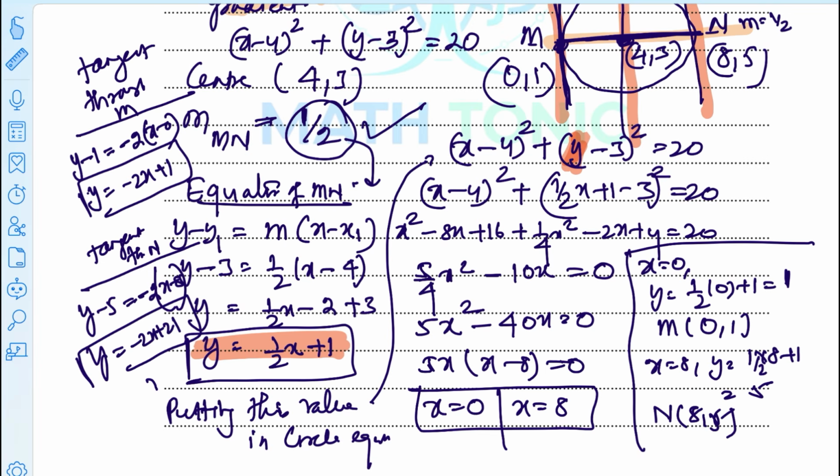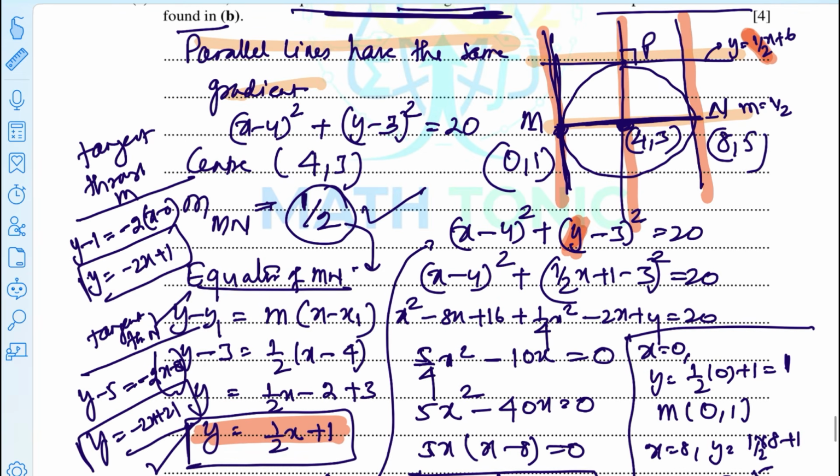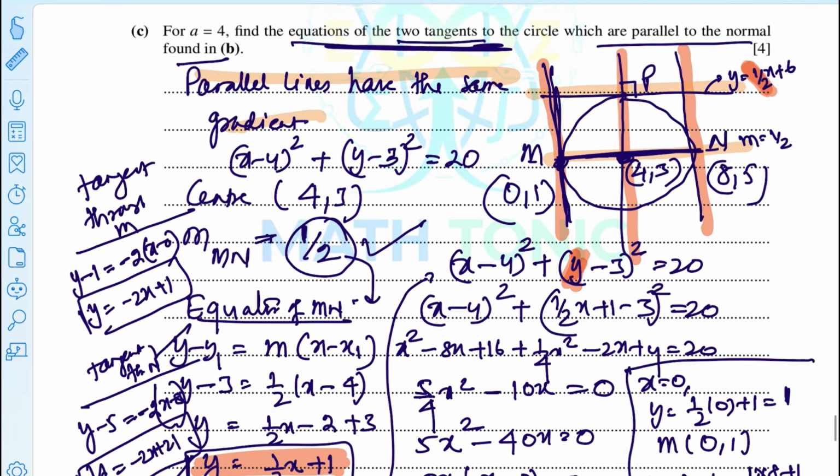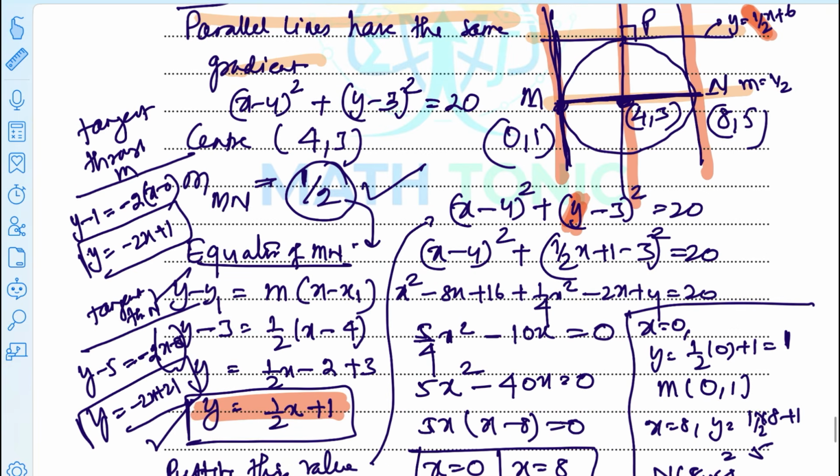That is the answer for this question, these two answers. Got it? This has been a lengthy question, a little bit, but the only difficulty is this algebra part. If you know how to rearrange it, then it will be simpler for you. So basically one answer I got, y = -2x + 1, and the other, y = -2x + 21.